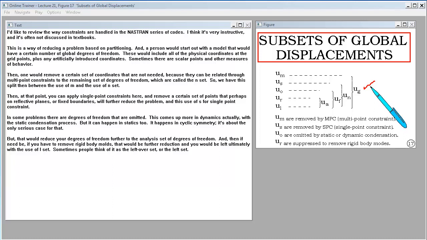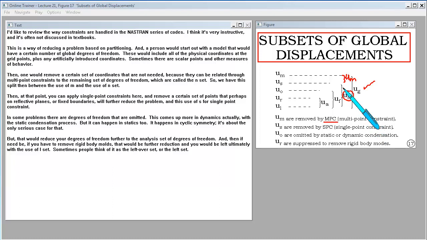Sometimes there are scalar points and other measures of behavior. Then one would remove a certain set of coordinates that are not needed because they can be related through multipoint constraints to the remaining set of degrees of freedom, which are called the n set. So we have this split between the u sub m and the u sub n set.